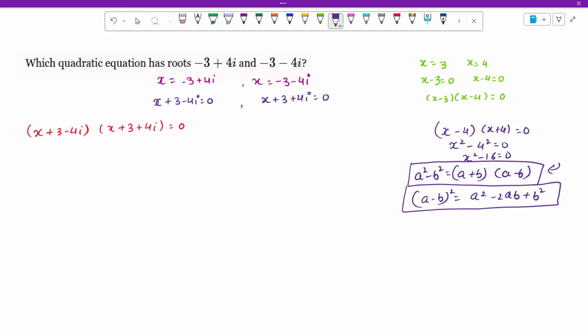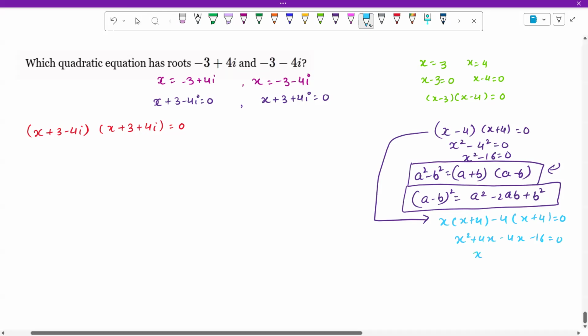We can solve it step by step also, and we'll get the same answer. For example, x multiplied with x plus 4, minus 4 multiplied with x plus 4. So x square plus 4x minus 4x minus 16 equal to 0. So x square, cancel this, minus 16 equal to 0, right? It is the same thing.